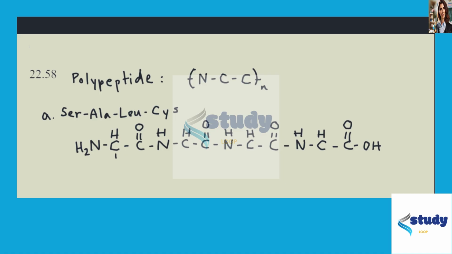So for serine, the side chain is going to be CH2, OH. For alanine, it's just CH3. For leucine, we have a CH2, CH with 2 CH3 groups on it.